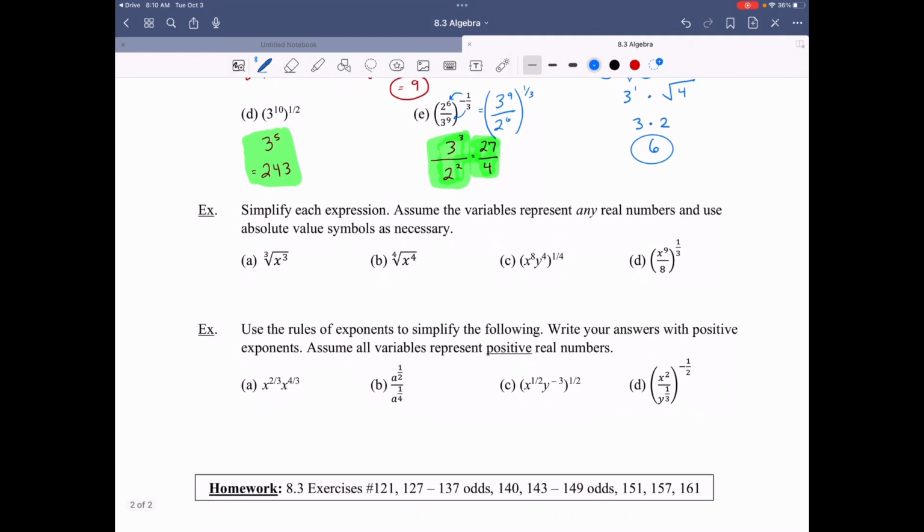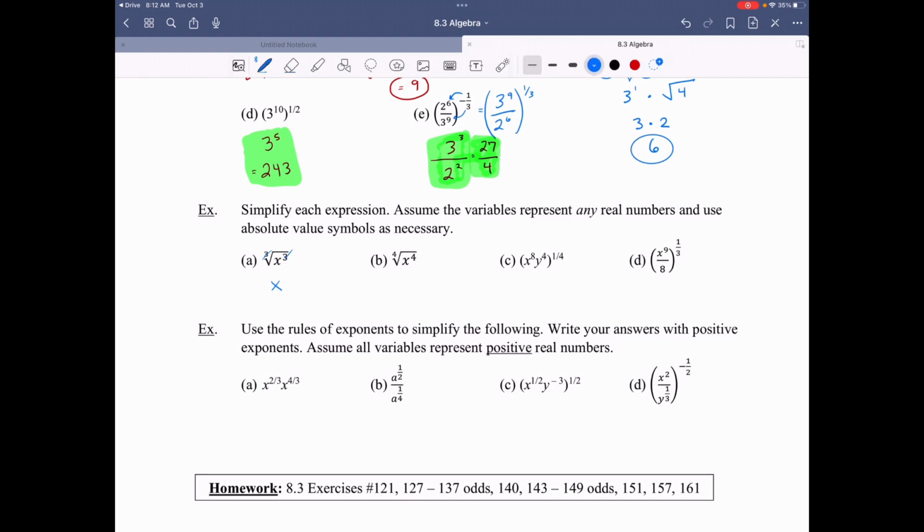Awesome. Let's try A and C together, and then I'll let you guys do B and D in your groups. For A, the 3 and the 3 cancel. We're not going to worry about absolute value bars, okay? And for C, 1/4 of 8 is 2. So this is going to be 1/4 of 8.